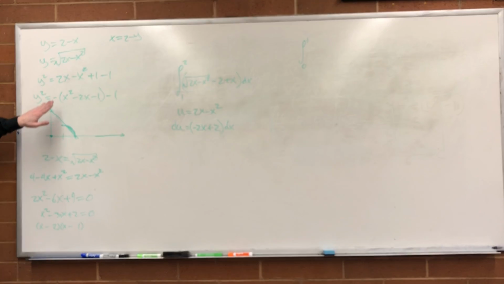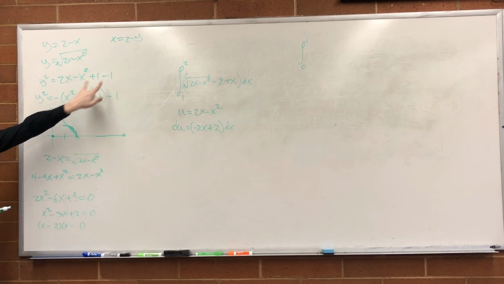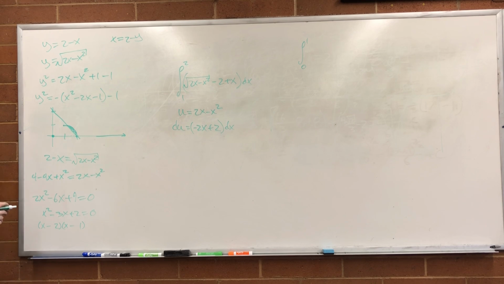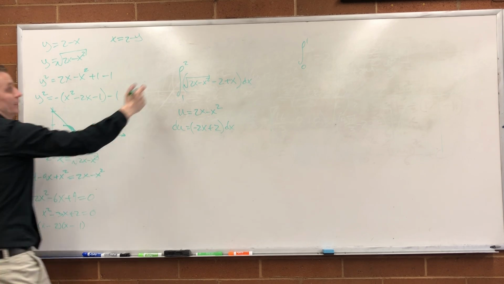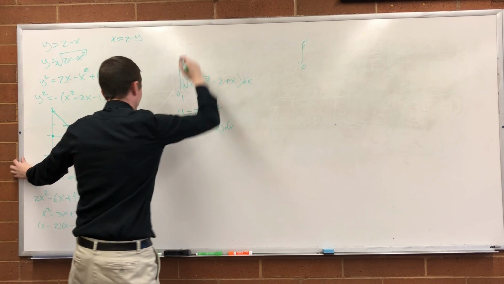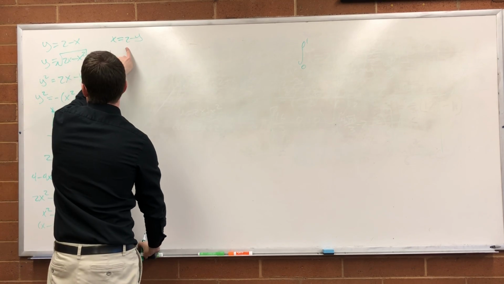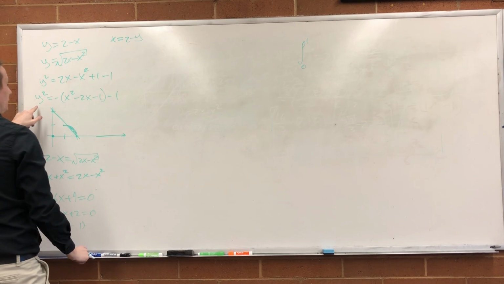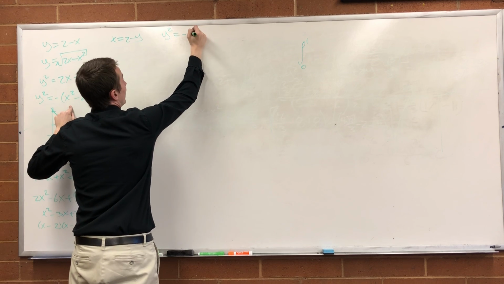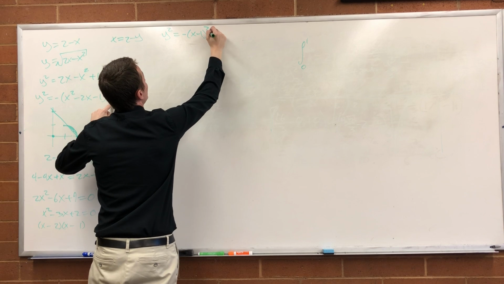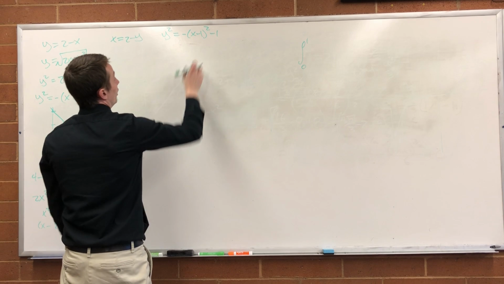You with me so far? Yeah. Okay, so all the algebra is good. Now that that's a perfect square, we had y squared is equal to negative x minus 1 squared plus 1.